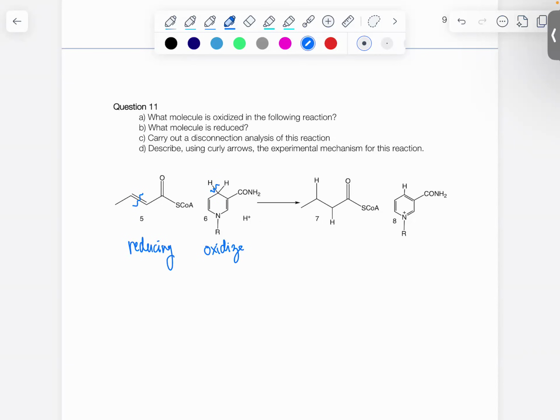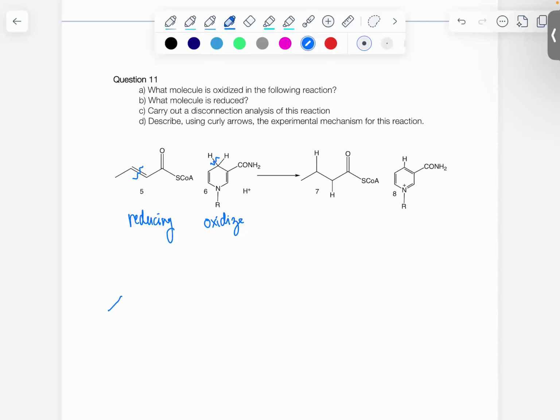And then we can draw out all of our star species. And then we can identify which bonds are new on our product.